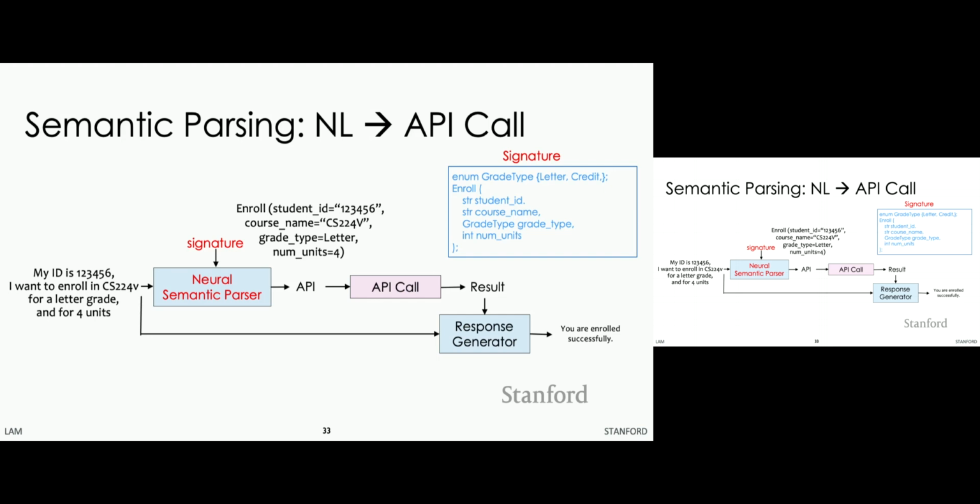So we take the signature of the API, which is kind of like the schema of the database, and we supply that to this generic neural semantic parser, and it translates the natural language into that formal API call. Now you take the call, you execute it, you get the result, and you get back the response. Okay, now that's the basics of API calls.